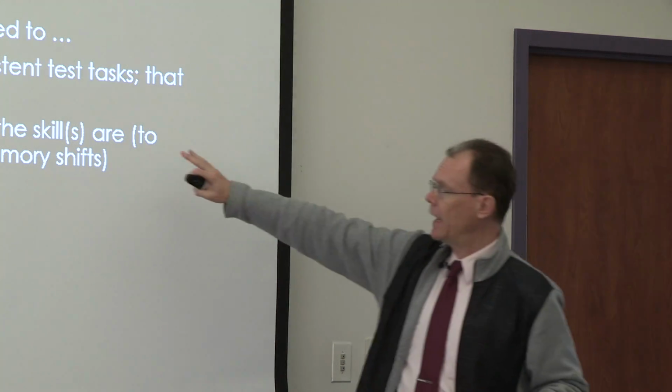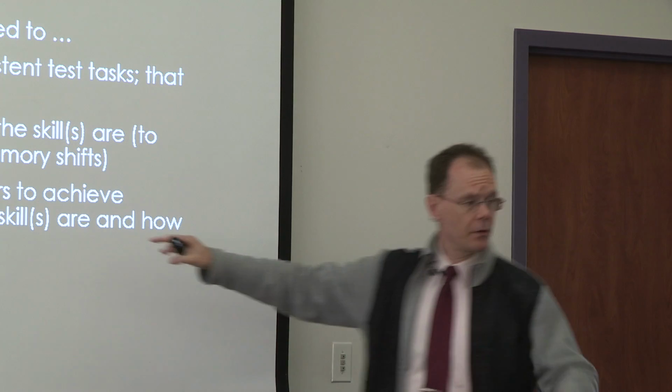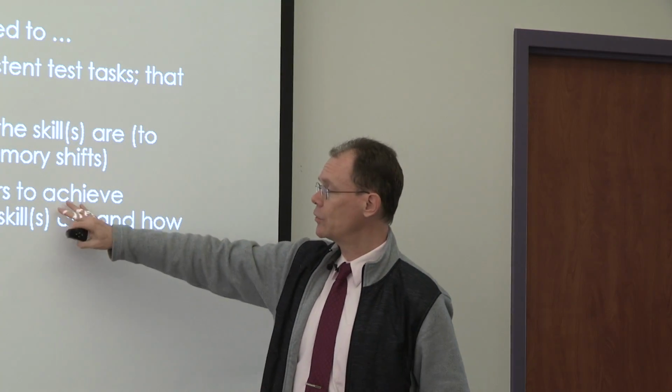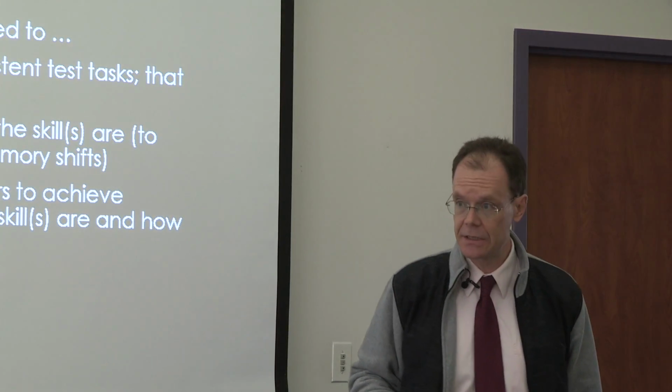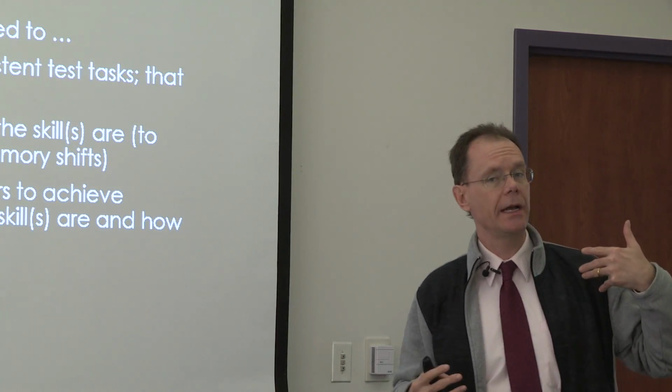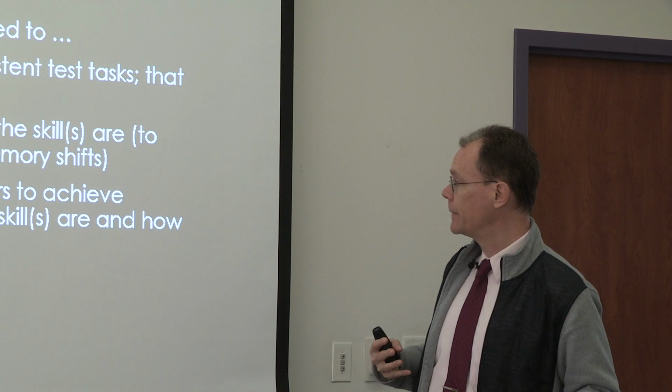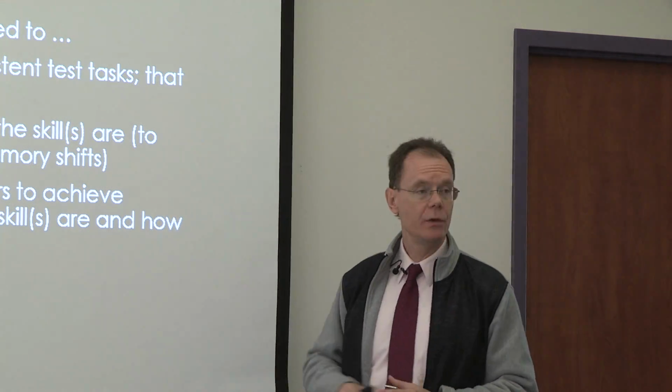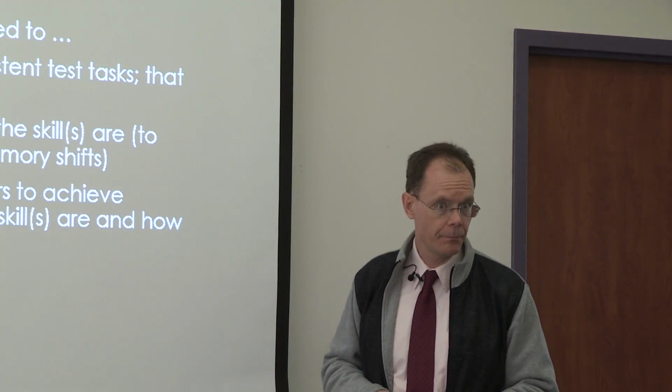So it can help us keep clear, and it can also, as the lady said, help groups of teachers to achieve consensus on what the skills are, first of all, and what kind of test methods, which is the how, would be best used to assess them.